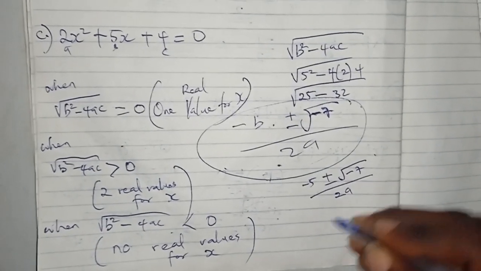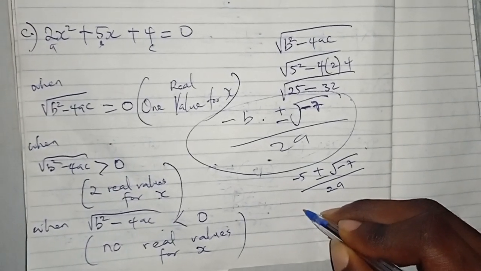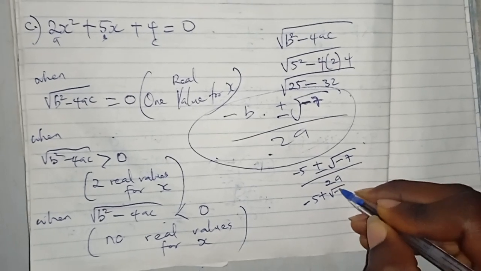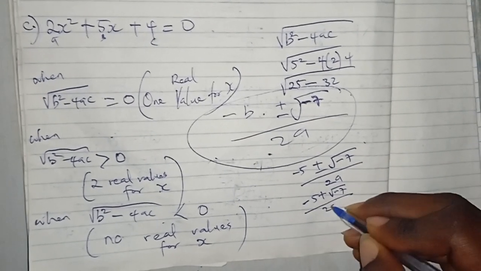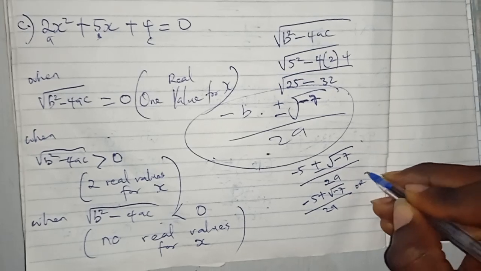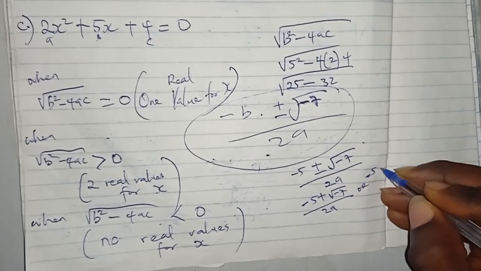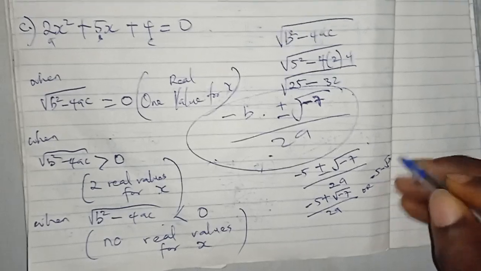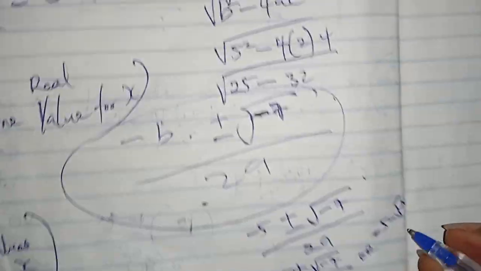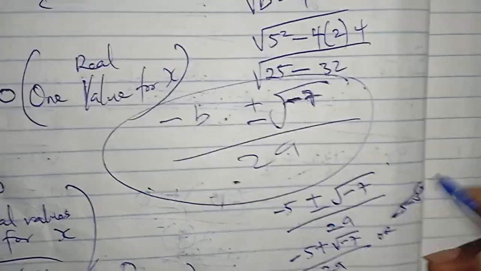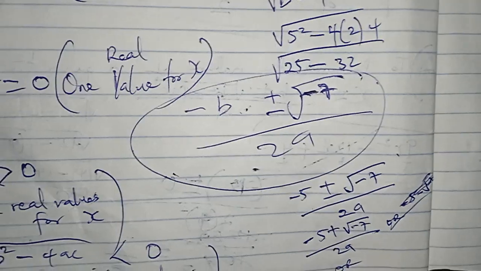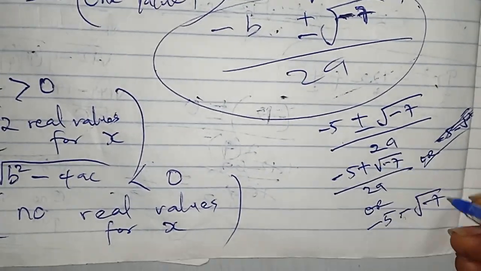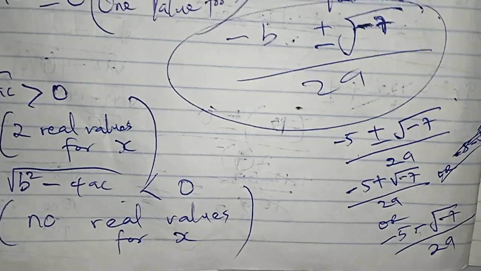And notice that this is the same thing as saying minus 5 plus root minus 7 all over 2a, or minus 5 minus root minus 7 all over 2a.